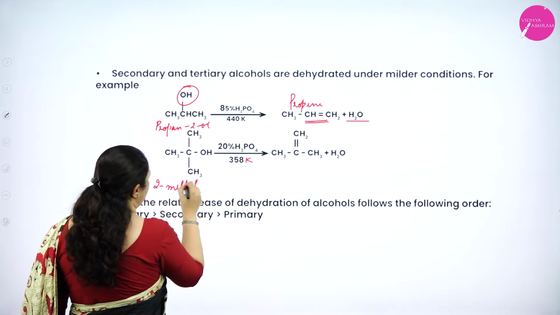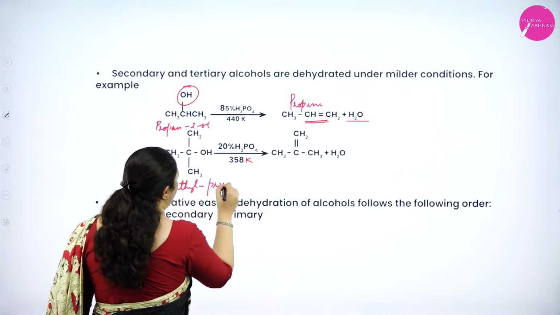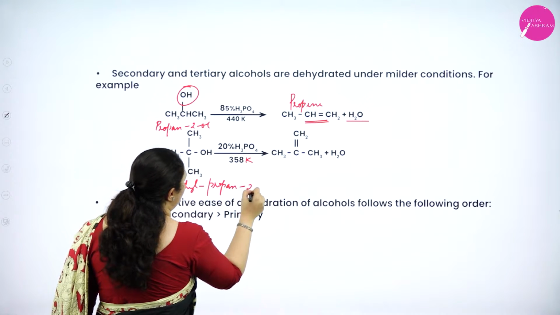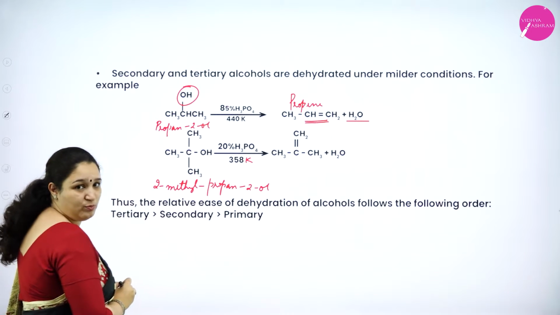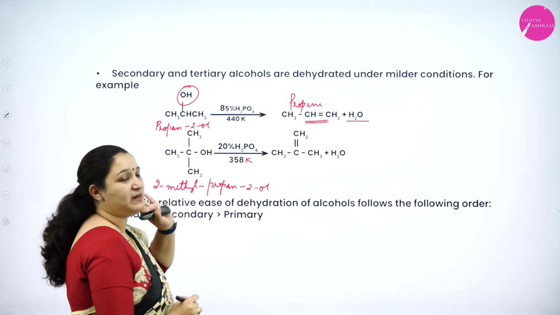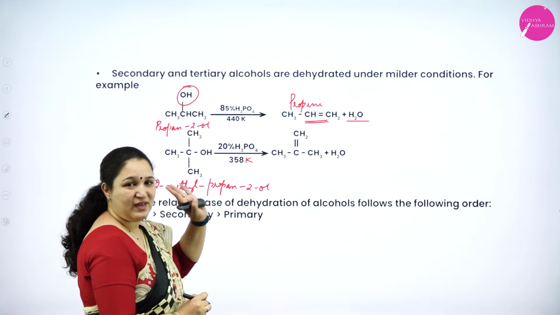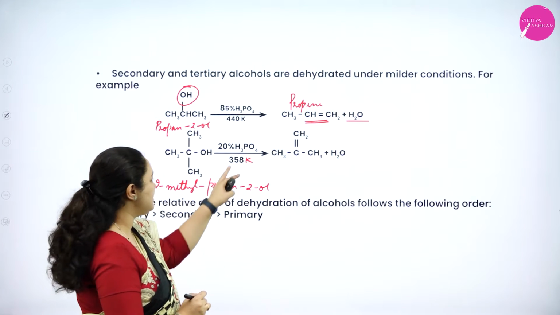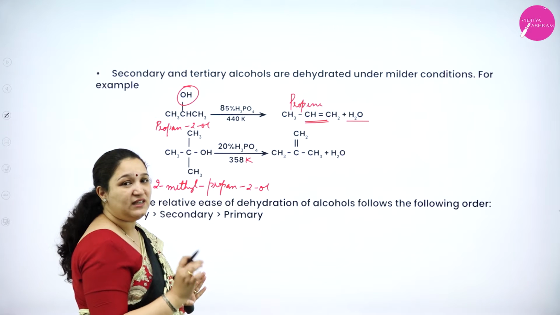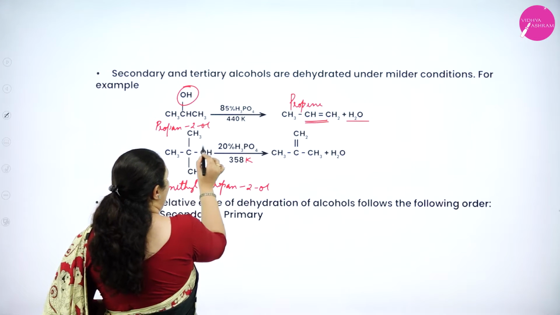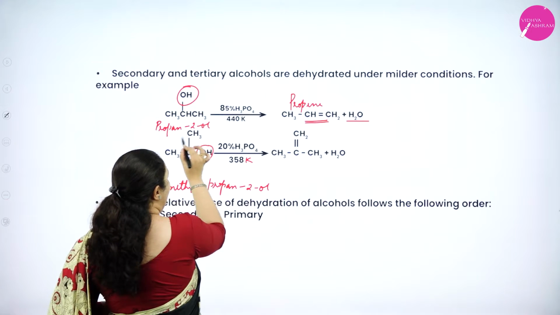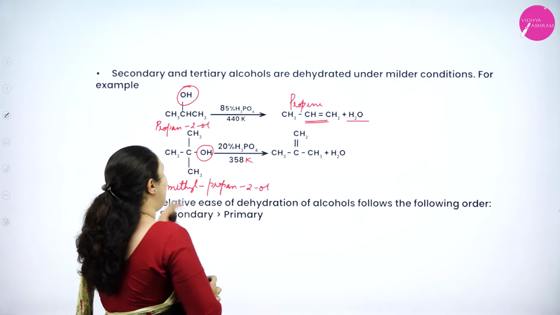Okay. Similarly, if we take 2-methylpropan-2-ol, only with 20% H3PO4. You can see the concentration of acid is also less, temperature is also less, it is just 358 Kelvin. What is happening? The OH group is getting removed and hydrogen from any one of the carbon atoms can be removed.